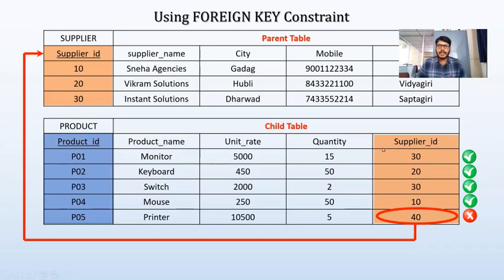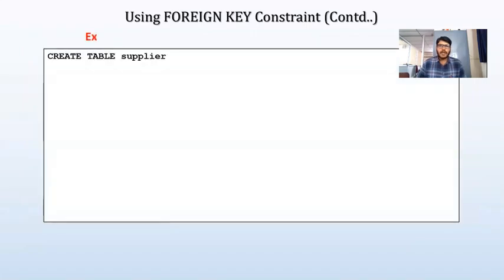So now let us see how we can define a foreign key constraint while creating a table. Let me consider the same example regarding the supplier and product. So how to define it? Again, we have to write the statement by using the create table command.